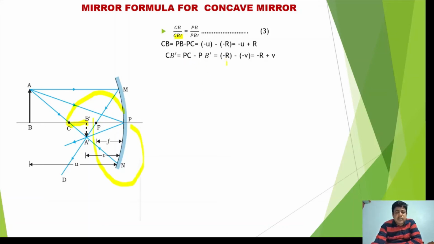PC is the radius of curvature, which is minus R, minus PB'. Here B' is the image position, so the distance of the image from the pole is minus v. The image distance is negative as per the sign convention, which is very important, because it is to the left of the pole. I already told you, remember that. If you make a mistake in the sign, then the whole calculation will be wrong and you cannot get the correct value. So it is minus R, minus of minus v is minus R plus v. So CB' is equal to PC minus PB', which is minus R plus v.